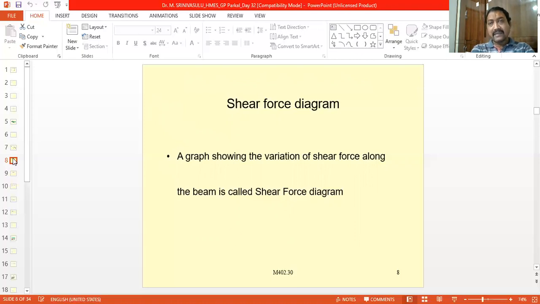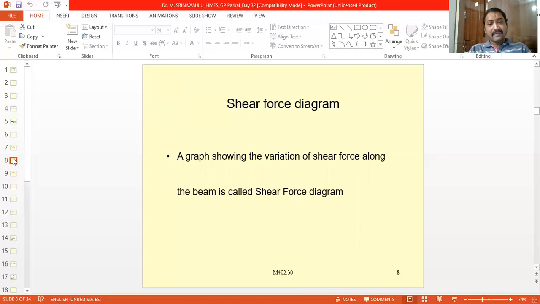So, by seeing the diagram, we can know at what point what the shear force is, or at least understand where the maximum shear force is acting and at what point the minimum shear force is acting on the beam. That can be known just by seeing the shear force diagram, and similarly for the bending moment also, which is the bending moment diagram.